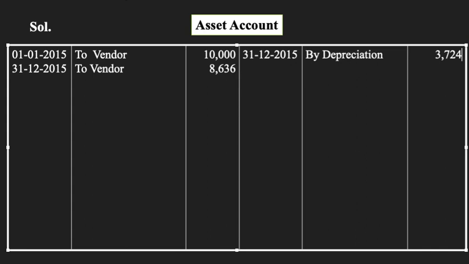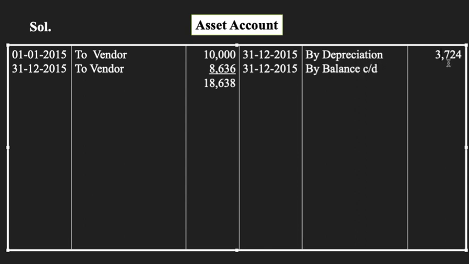So we are going to see the balance here. Now if we see the total amount here on the debit side is 18,638. So this should be the same amount here also, right? So we are going to write down here, on the same date, that is 31st 12 2015, by balance carried down.